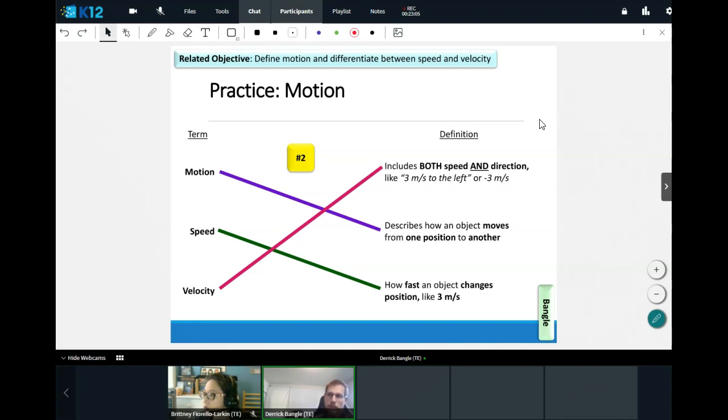So am I moving, in terms of a car, 1 mile in an hour, or am I moving that same distance, 1 mile, in 3 hours? That would be my speed. And then finally, velocity is not just speed, it is speed with direction. So am I moving 3 miles in an hour to the right or to the left? Or am I moving 3 miles an hour towards LA or away from LA?